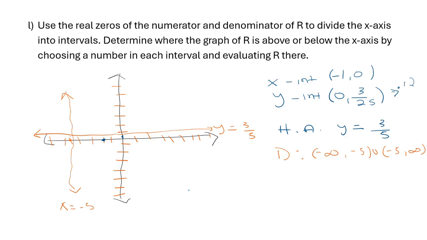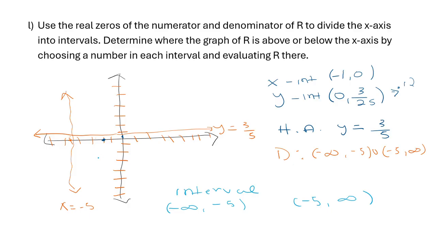So the first interval that I am going to look at is from -infinity to -5. I want to know whether the graph is right here or right here. And then the next interval that I am going to check is from -5 to positive infinity.